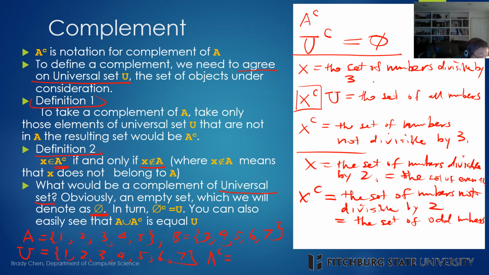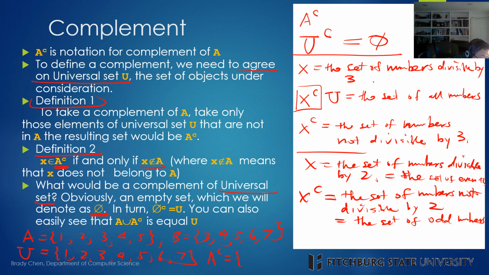If the universal set is a finite set, the complement of A should be the set which contains the elements of U, but not the elements of A, right? So what is the complement of A?